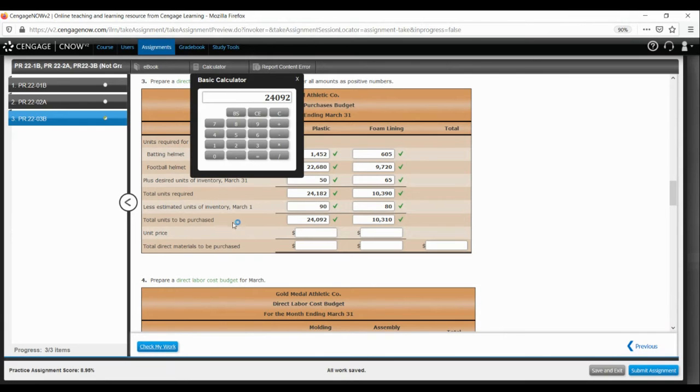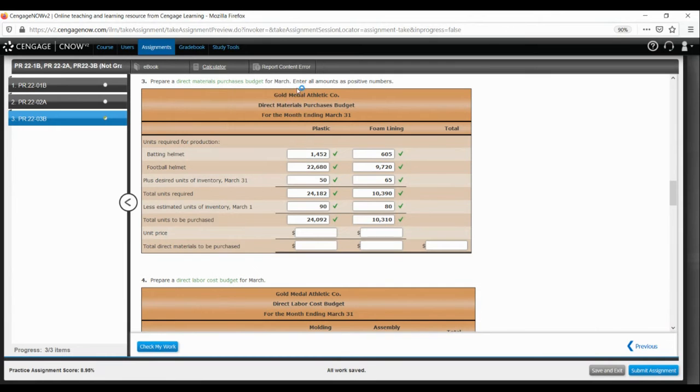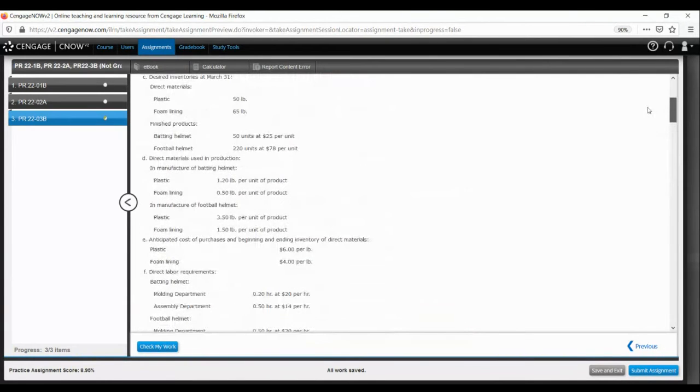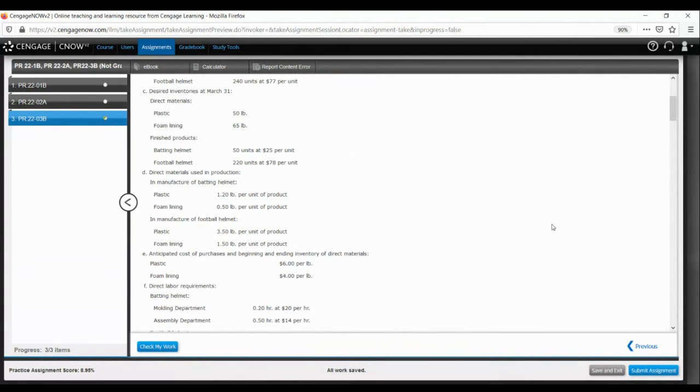Notice these are units to be purchased. Now we want to assign a dollar amount to these units. So we're going to look for the unit price of the plastic first. So we have to go back up to our additional information and look for the unit price.